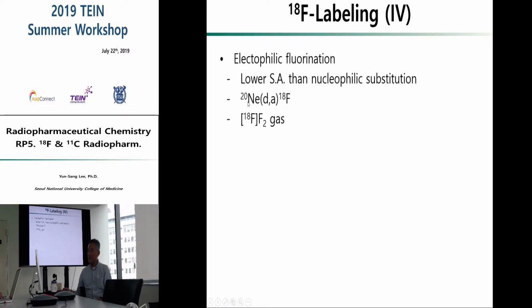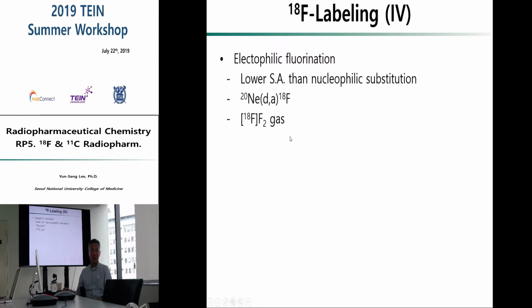As I mentioned, with this F2 gas method we can do F18 labeling, but normally it has low specific activity, worse specific activity, because we have to use F19 F2 gas for cleaning this gas chamber.